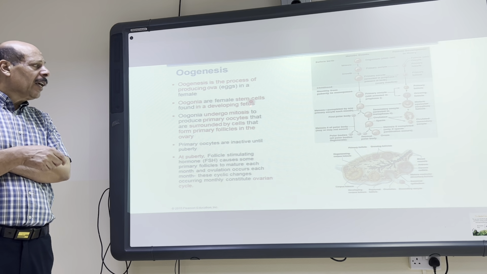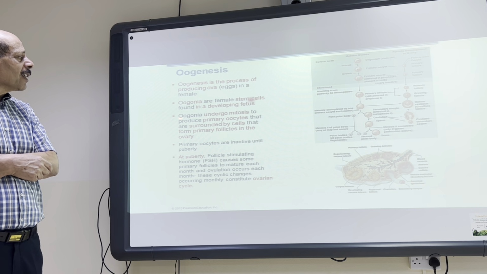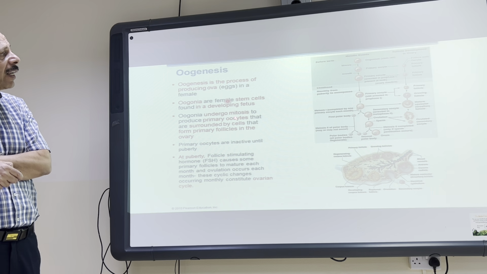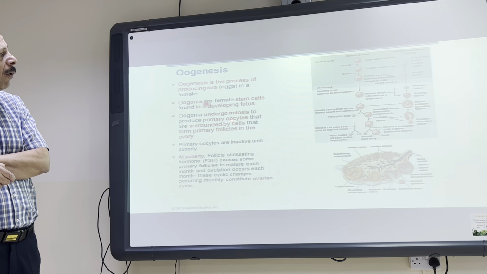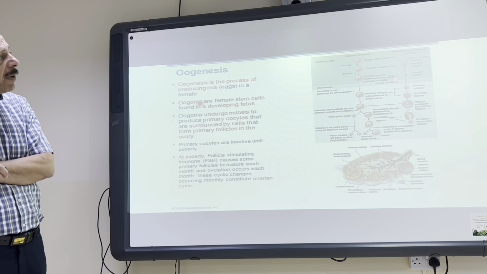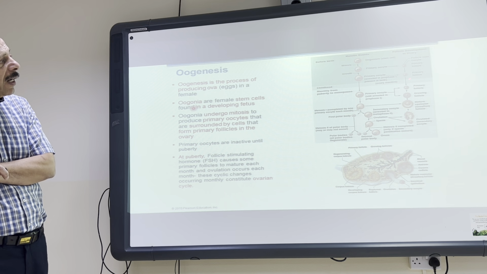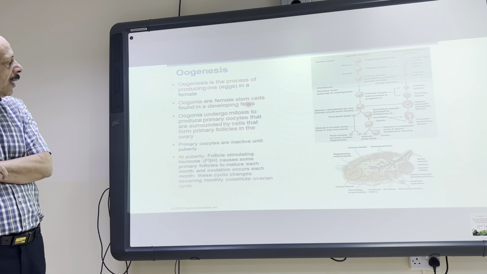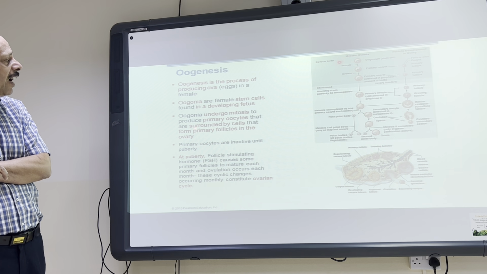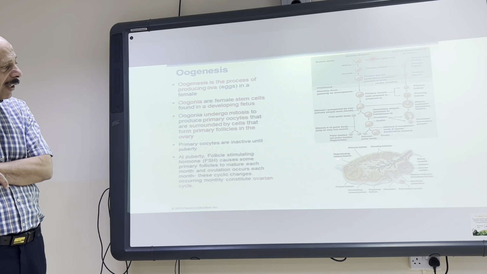The oogonia undergo mitosis to produce a primary oocyte. The primary oocytes are surrounded by cells that form the primary follicles in the ovary.